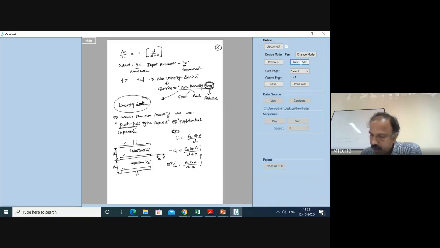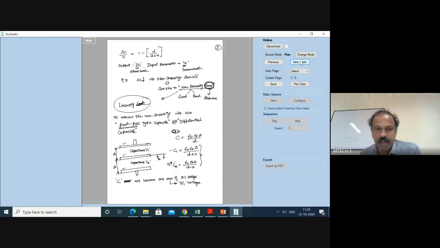Now I will do one thing. I will make C1 one arm of an AC bridge. This gives you E1 voltage. Now just observe.